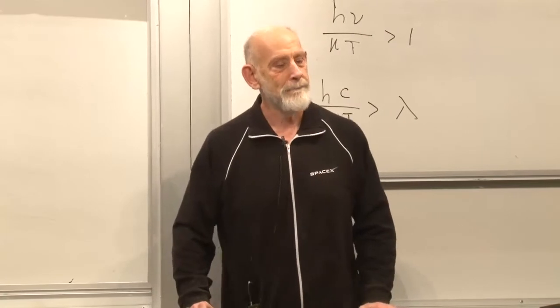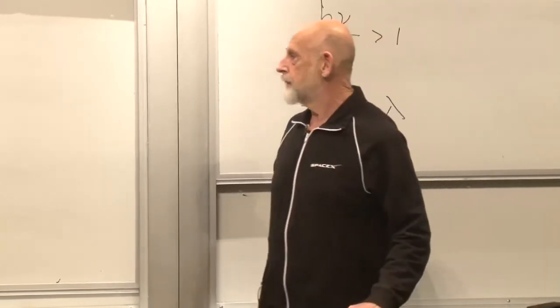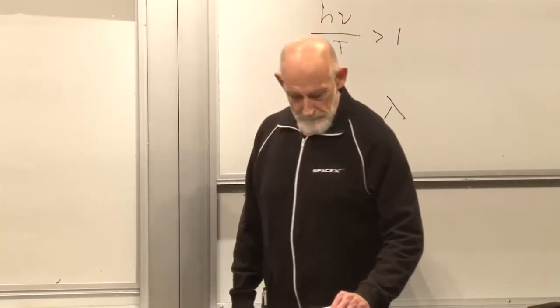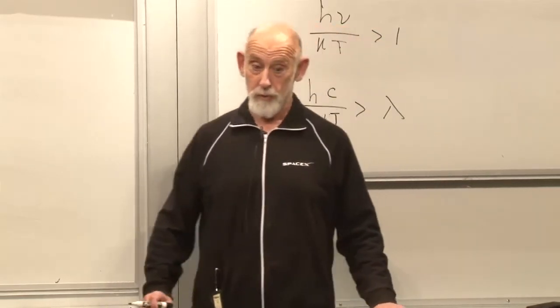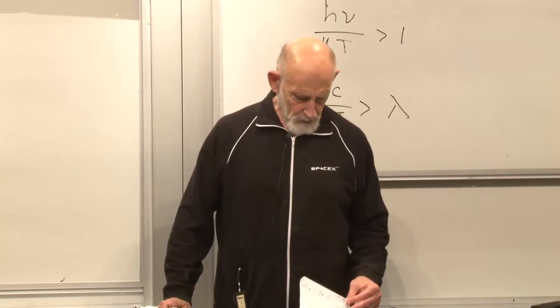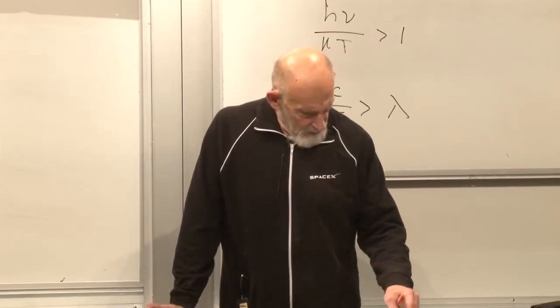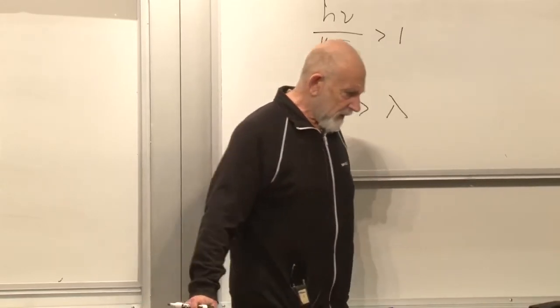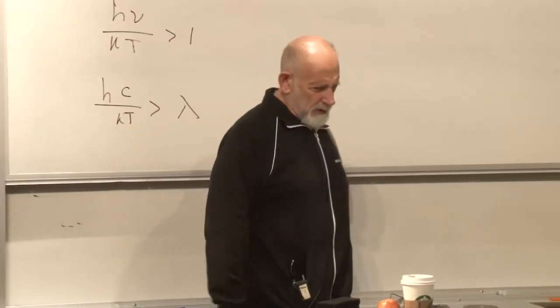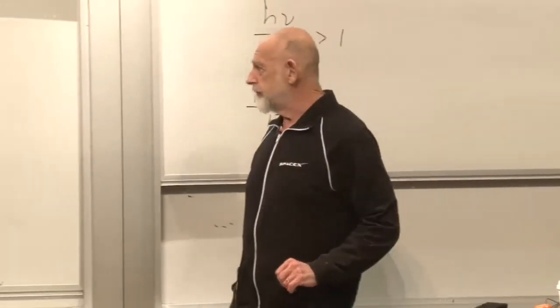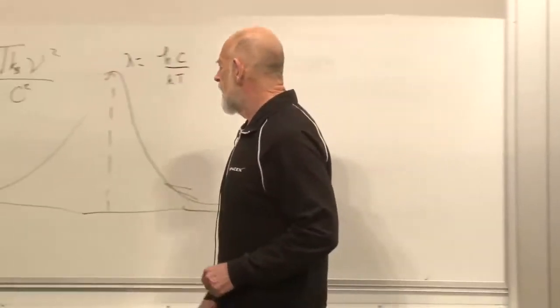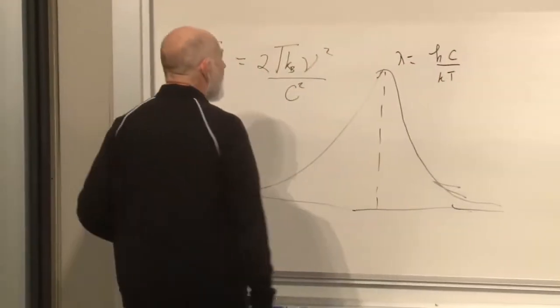Yeah? Quick question. When Planck worked this out, was he working with a model of electrons and protons in that box? No. Planck was doing a combination of curve fitting. Various things were known.